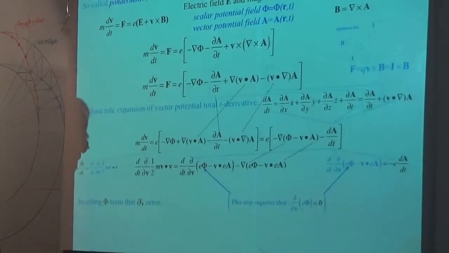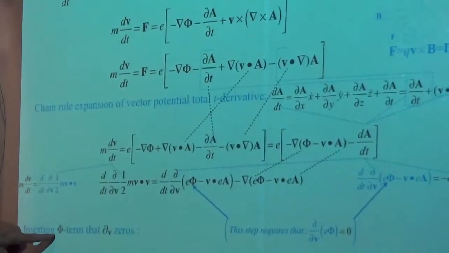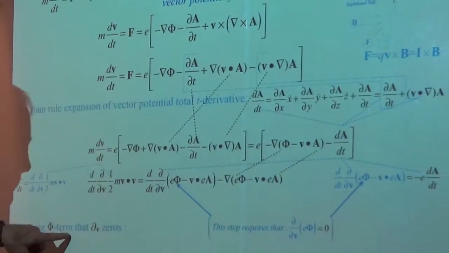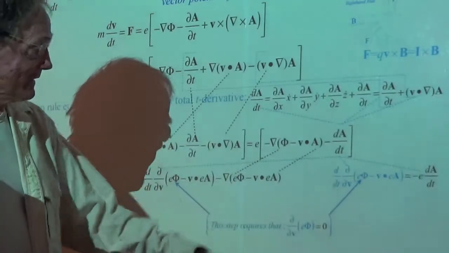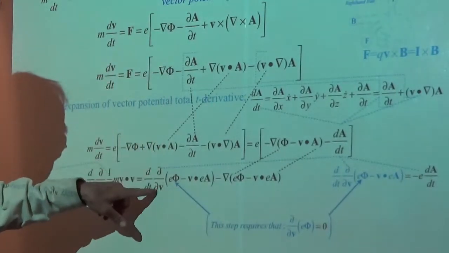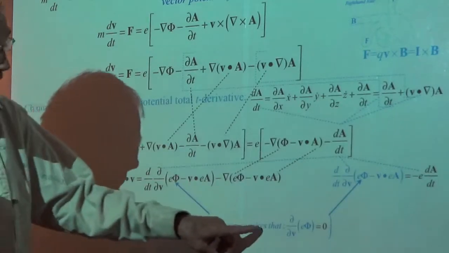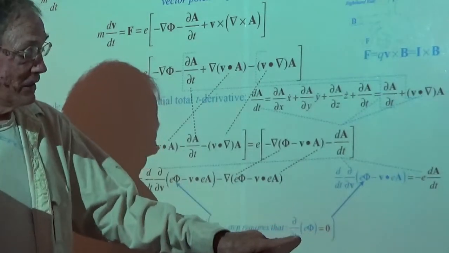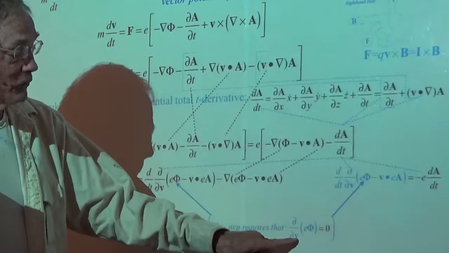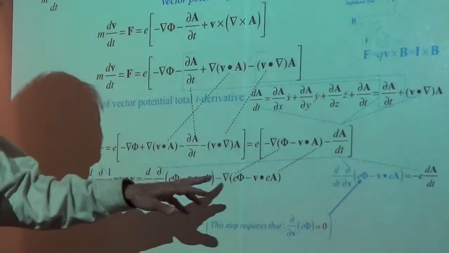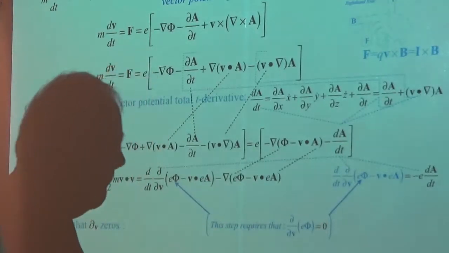And that lets us rewrite a couple of things here. This is some of the trickery: I can insert a phi term like this into this expression right here. This is the derivative with respect to v, because this step requires the scalar potential not have any v dependence. So we're still going to demand that of the scalar potential, but the A terms are going to have v's in them.